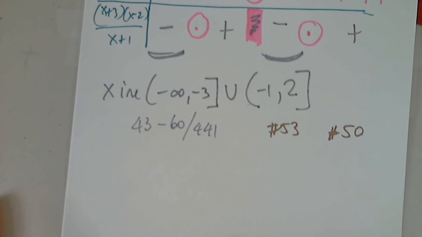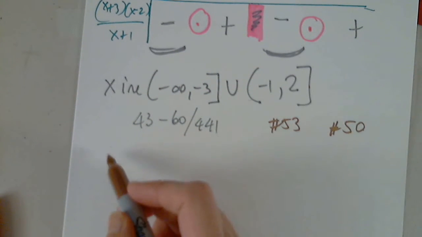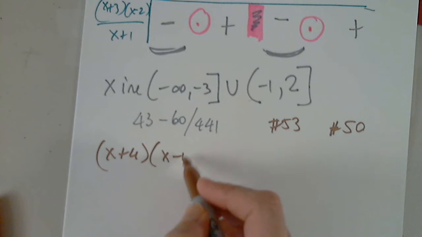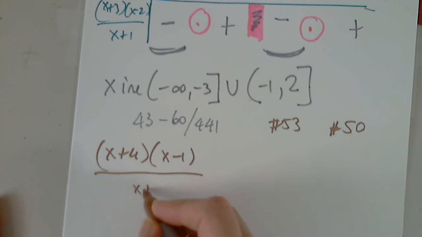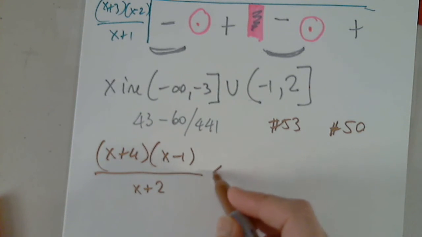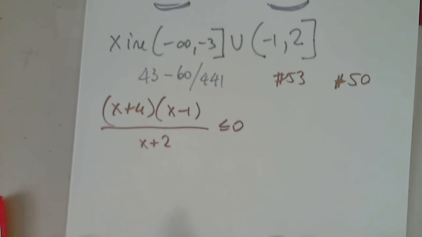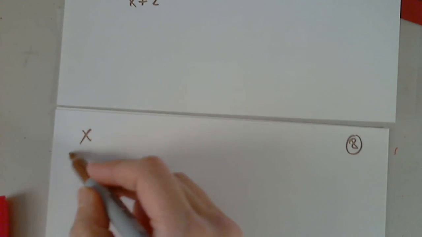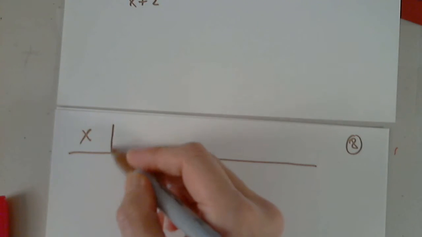Perfect, 53. Same thing, x plus 4, x minus 1 over x plus 2, less than or equal to 0 again. Okay, so I'll get the table going. X is the variable in the problem.